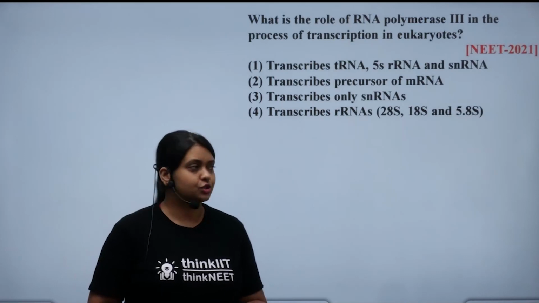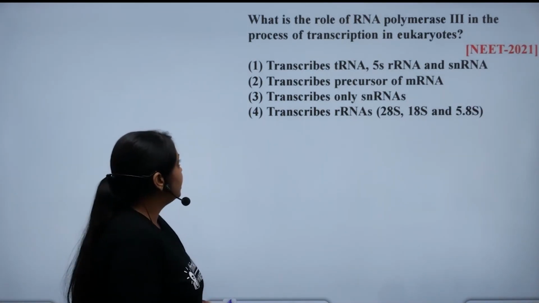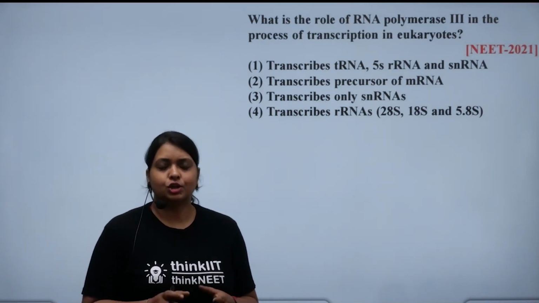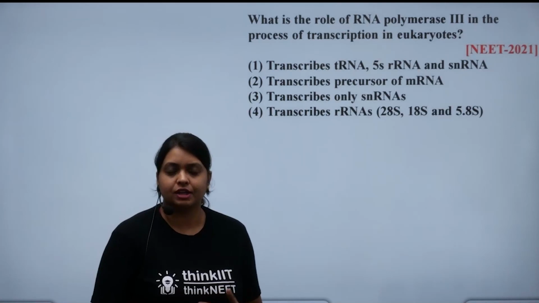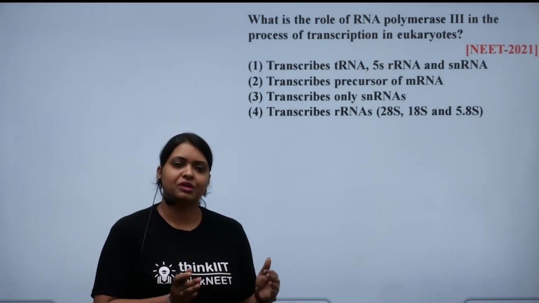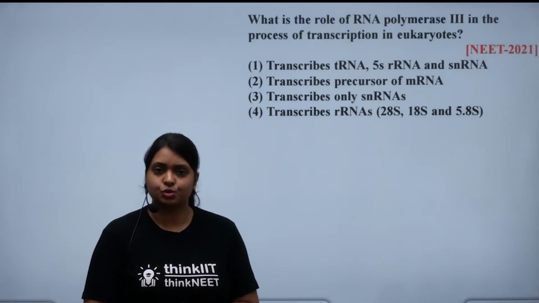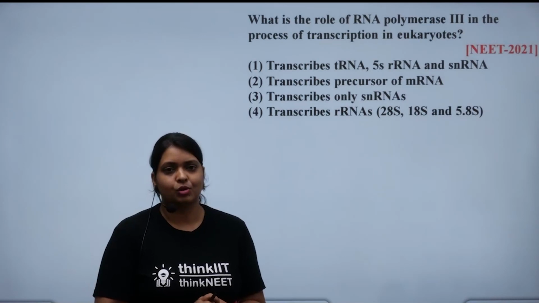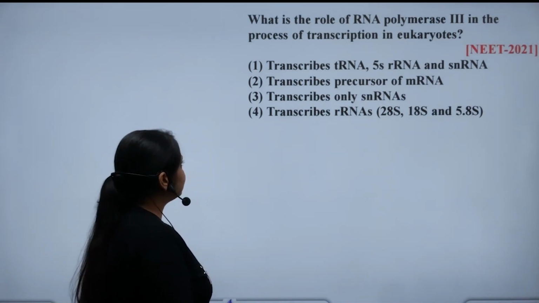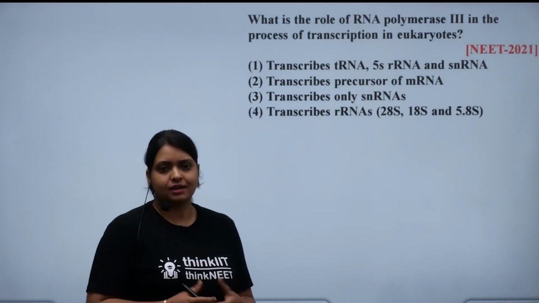Now over to our next question: what is the role of RNA polymerase 3 in the process of transcription in eukaryotes? Now they are talking about the formation of RNA from DNA. That process is called transcription, and that is performed by various types of enzymes. There are 3 types of enzyme: RNA polymerase 1, 2 and 3, and they are asking about RNA polymerase 3. Let's see. First option: transcribes tRNA, 5S rRNA and snRNA. So that is correct itself.